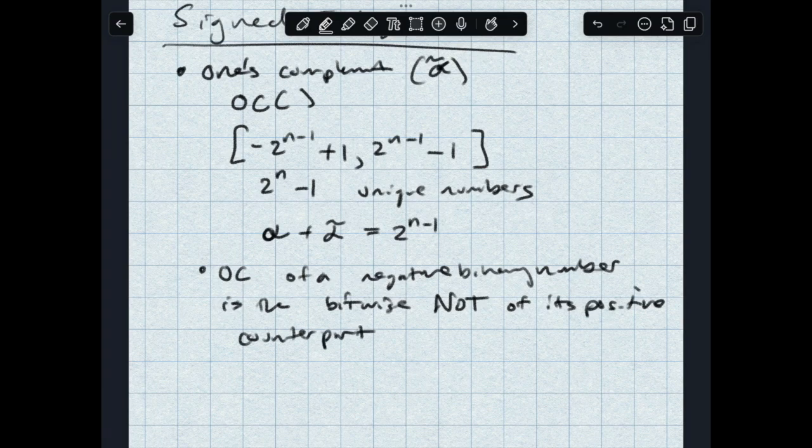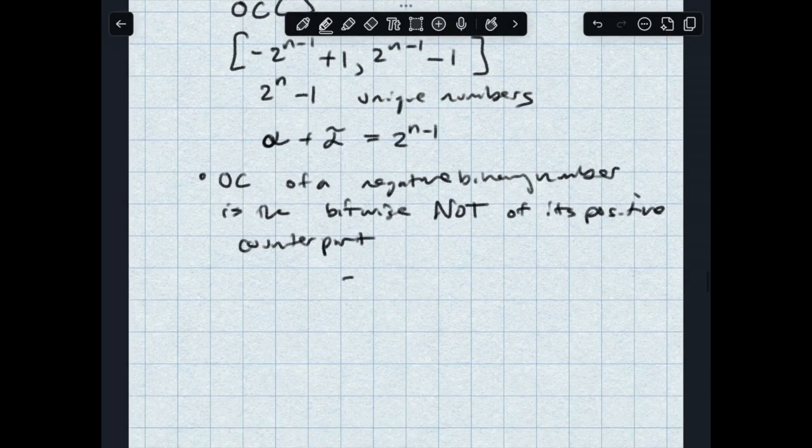And one thing I'm going to add is, let's say n is equal to 4. So that's 2 to the 4. The possible values, if we were working with an unsigned integer, would be equal to 16 values.